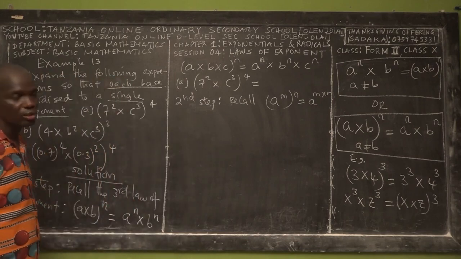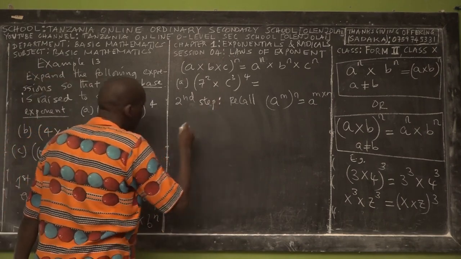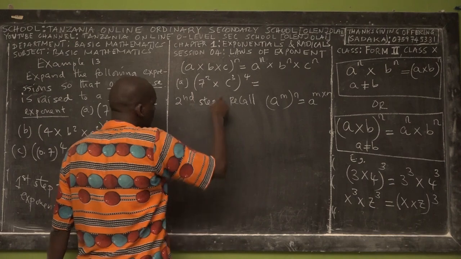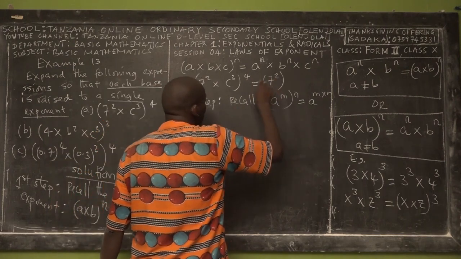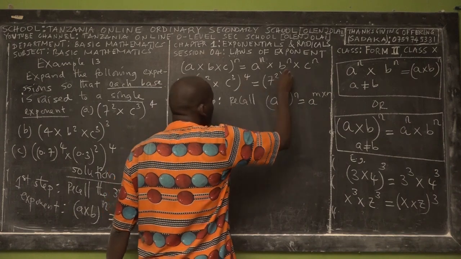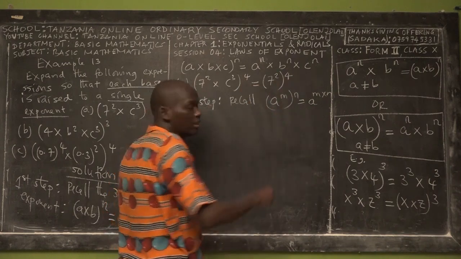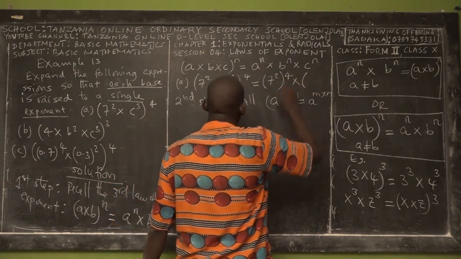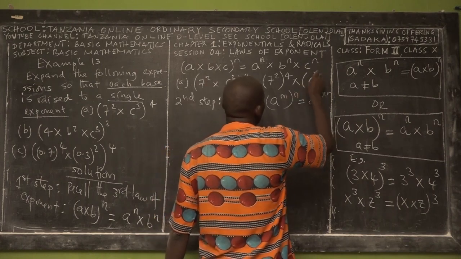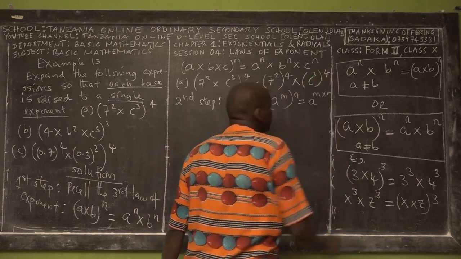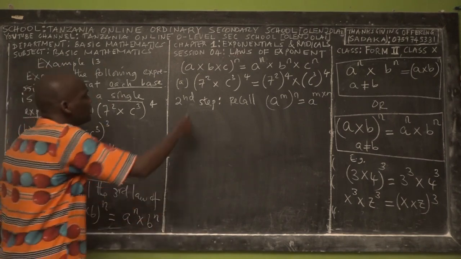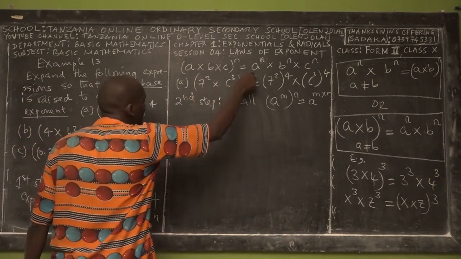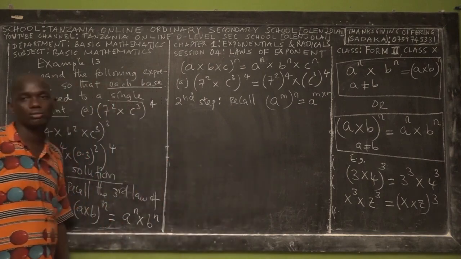So let us apply it. 7 power 2, exponent 4, multiplied by c power 3, exponent 4.